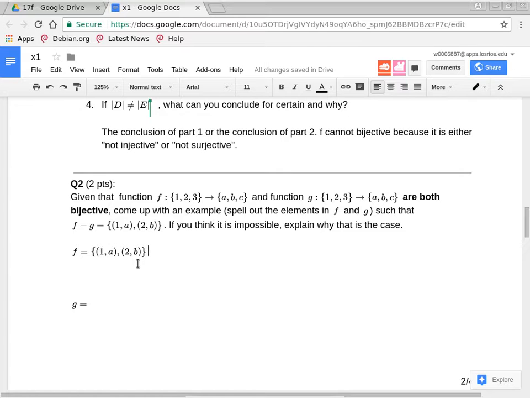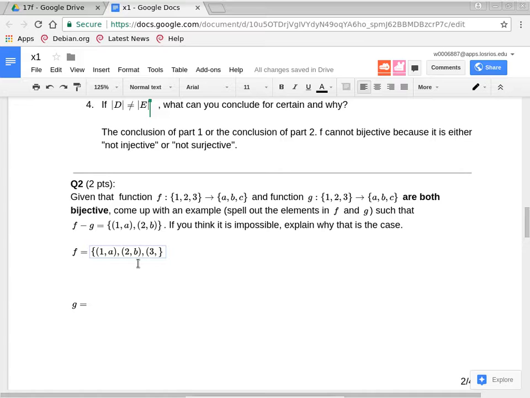But since we also know that F is bijective, the third element can only be, since it's bijective, 3, because we know that every element in D has to be mapped to one and only one thing in the codomain.